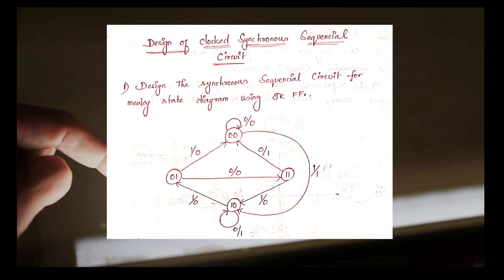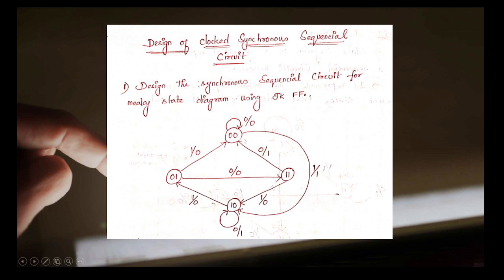Design of clocked synchronous sequential circuit for JK flip-flop. So we are going to design a clocked synchronous sequential circuit specifically by using JK flip-flop. Now here is a question which has been displayed.